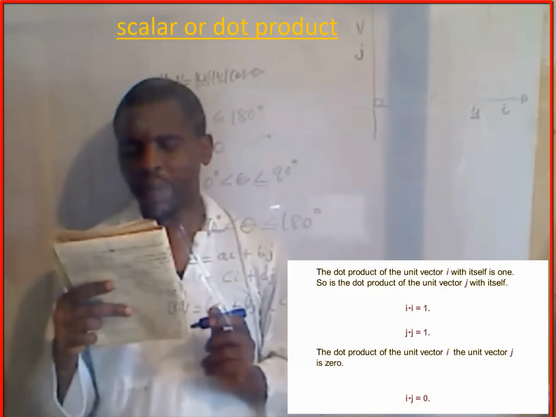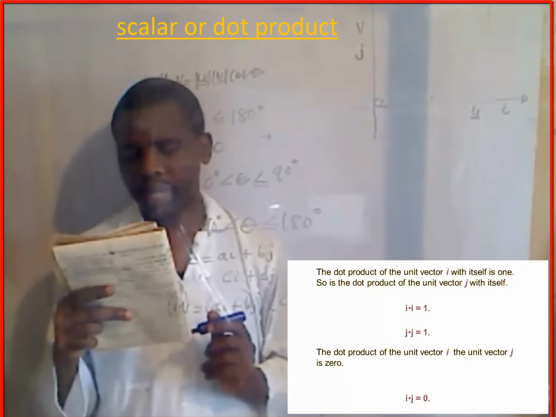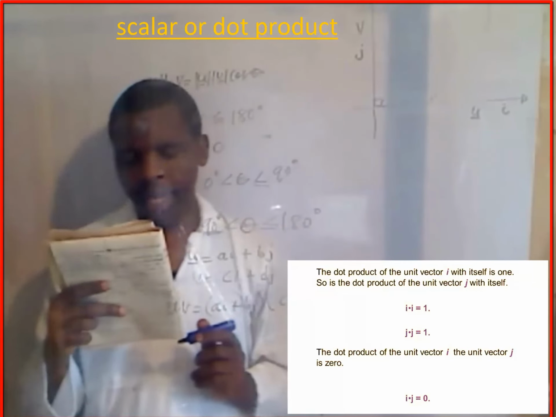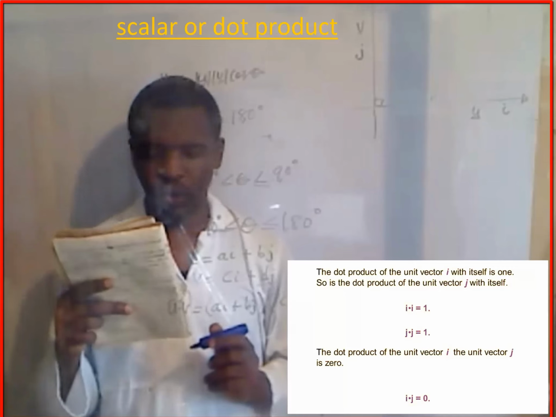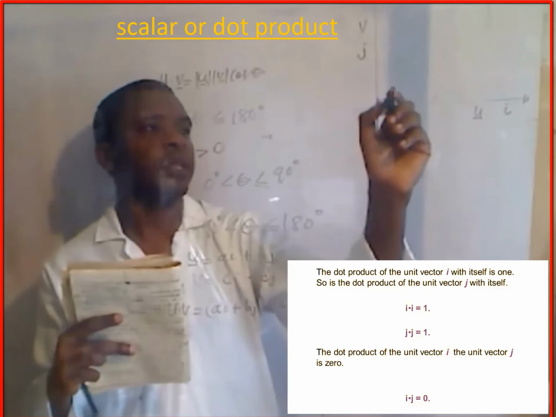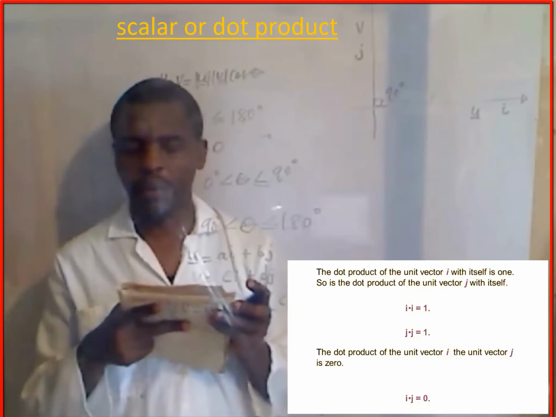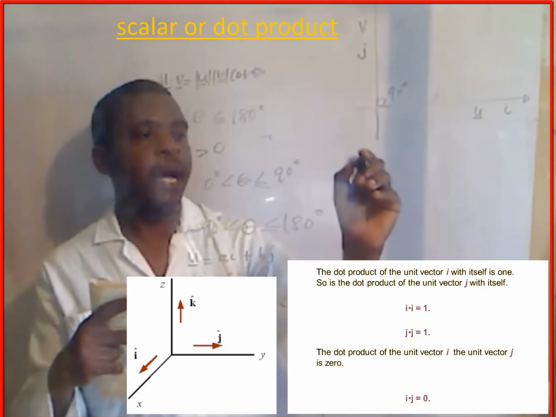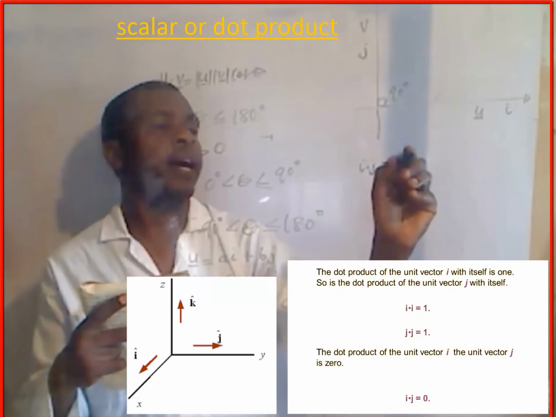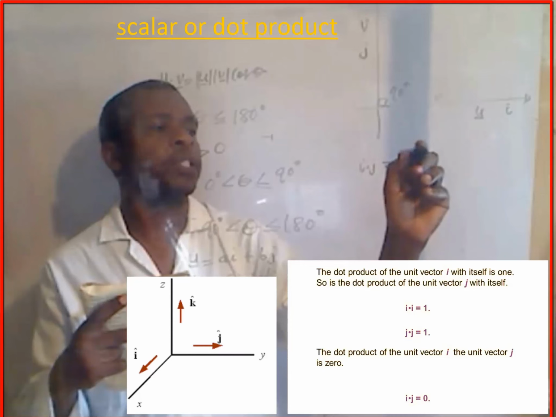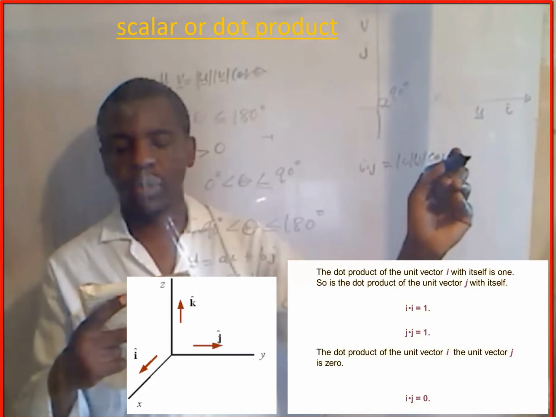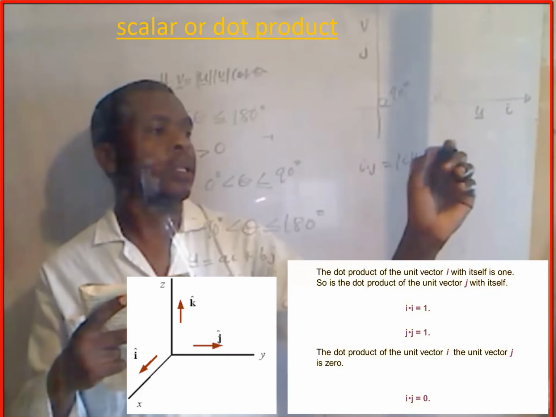From the definition of u dot v, we establish the following properties. The vectors i and j are perpendicular to one another. The angle between them is 90 degrees. Therefore, i dot j is equal to the magnitude of i times the magnitude of j times cos 90.